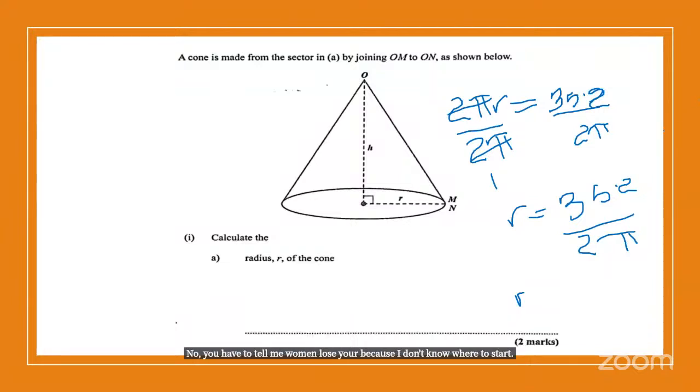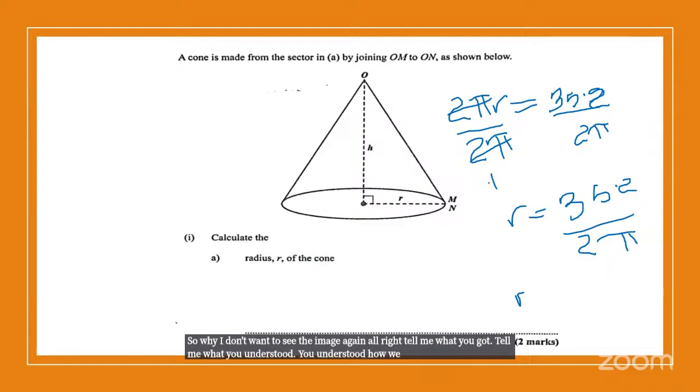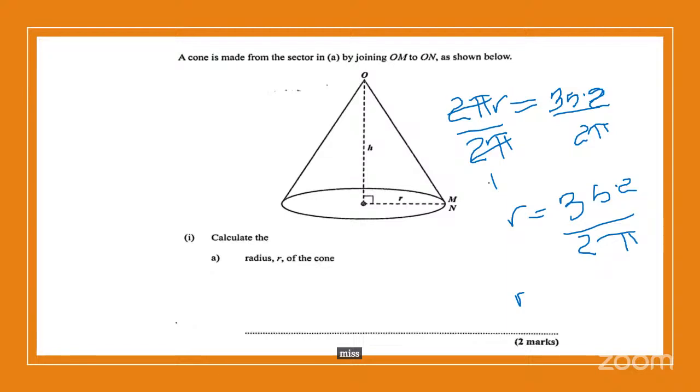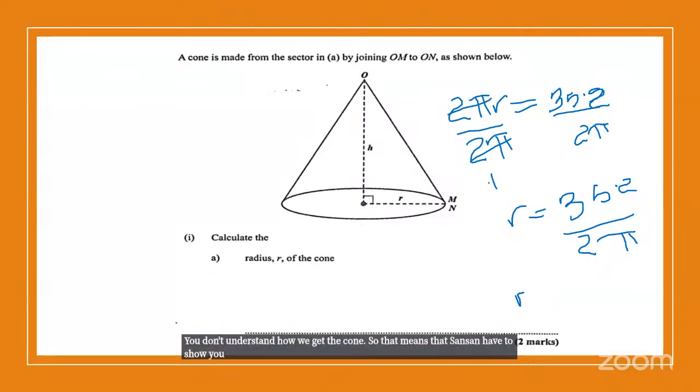Miss, everything from question B. Section B. So why you don't want to see the image again? Tell me what you understood. You understood how we got the cone? How did we get the cone? Miss, I do not understand this. You don't understand how we get the cone, so that means Sansan has to show you the image, because that is a part of it.